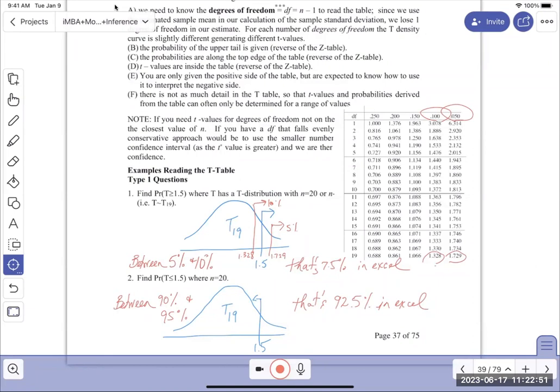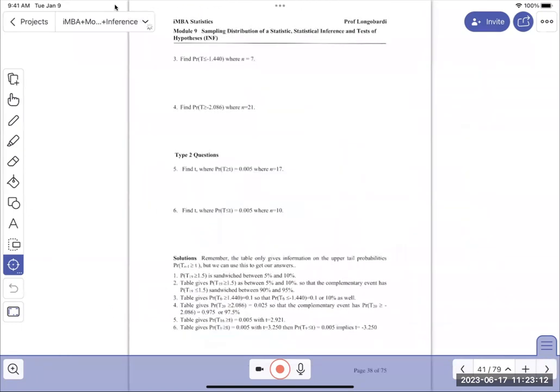But in practice, you would be able to do this with Excel very easily. Okay, questions about that one? What about the next 4?